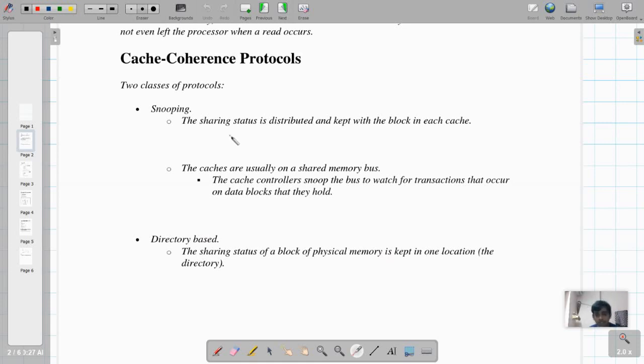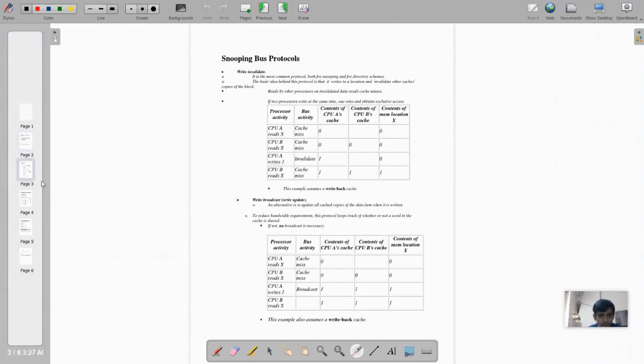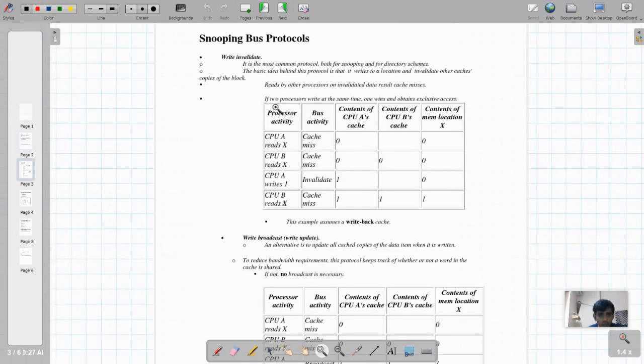At first, let us have a look at the snooping bus protocol. It essentially involves two things. One is write invalidate and another one is write broadcast, or write update.